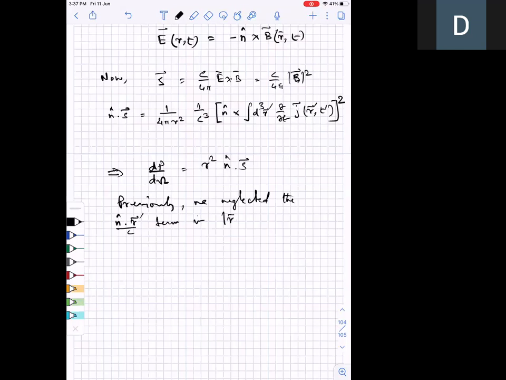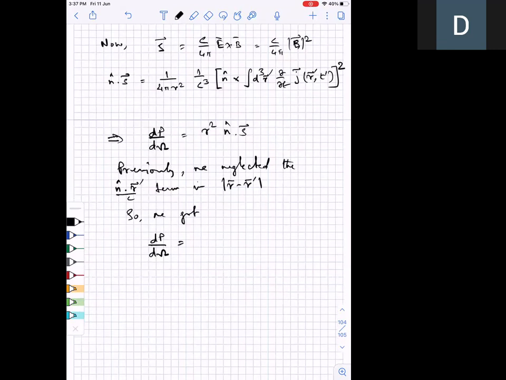So when we calculated this, we got dP d omega, the power per solid angle, as 1 by 4 pi c cubed, and then an n cross summation of q_i r_i double dot, i equal to 1 to whatever, this whole square.